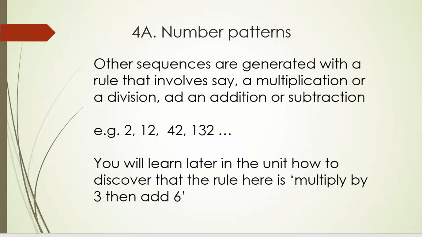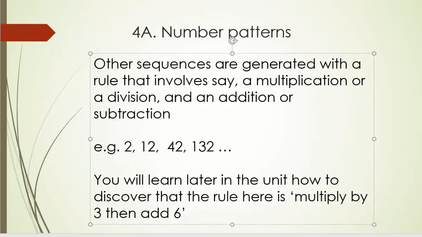Other sequences can be generated with a rule that involves, say, a multiplication or a division, and an addition or a subtraction. Look at this one, 2, 12, 42, 132. Now if I can remember where that sequence came from, I think what I did was that I multiplied by 3 and then added 6.